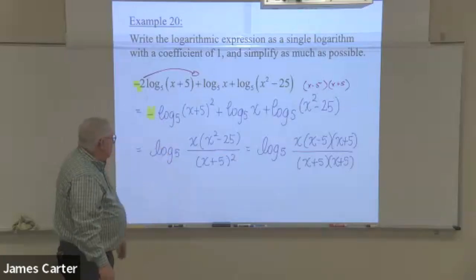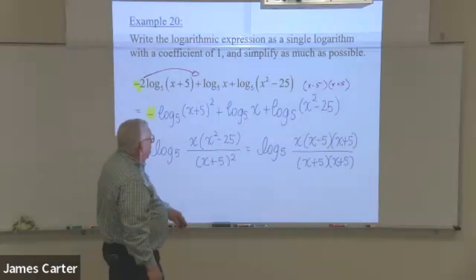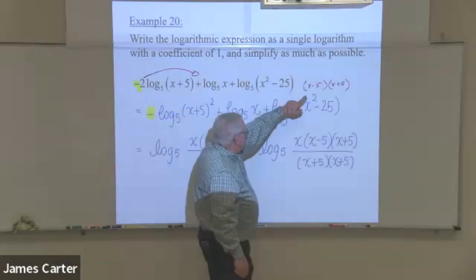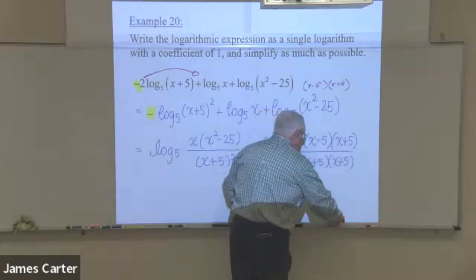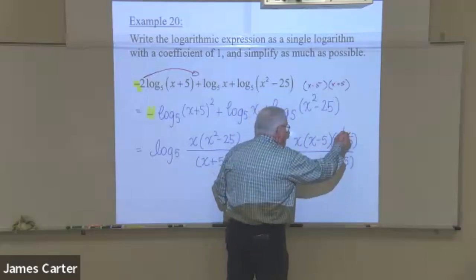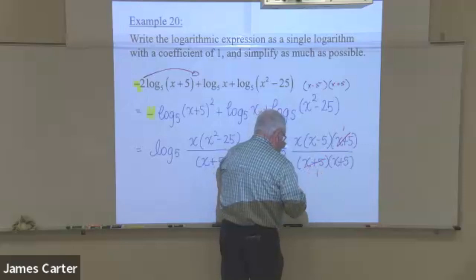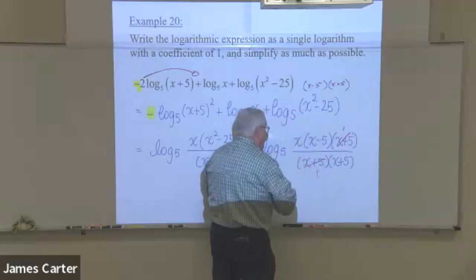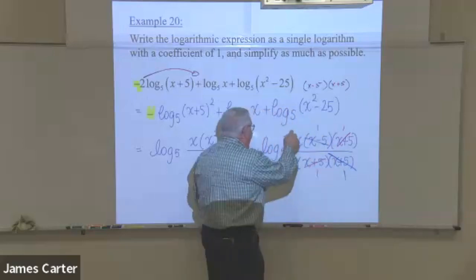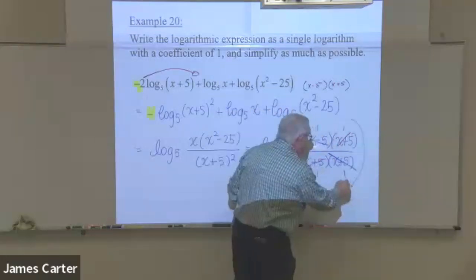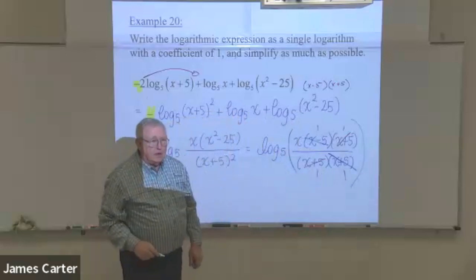And it's all log base 5. Now, this thing will factor as we said earlier. And because it'll factor, those can cancel, because really there's a super parentheses around that.